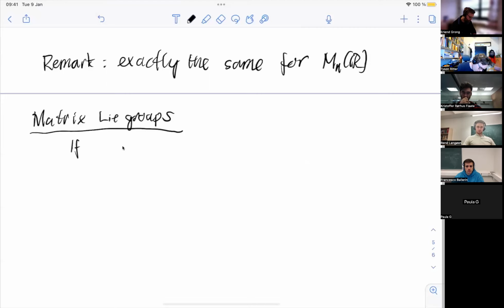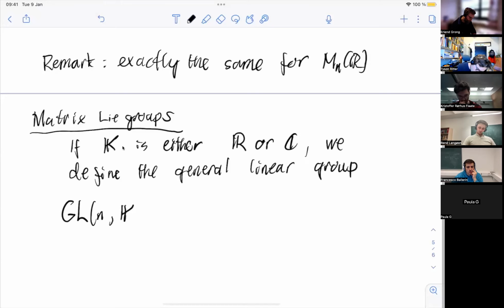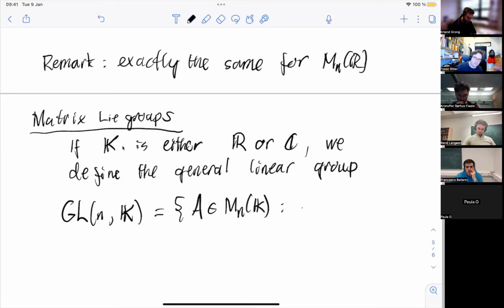So if bold K is either R or C, we define the general linear group GL_n(K) as elements A in the n by n matrices such that the determinant of A is different from 0.